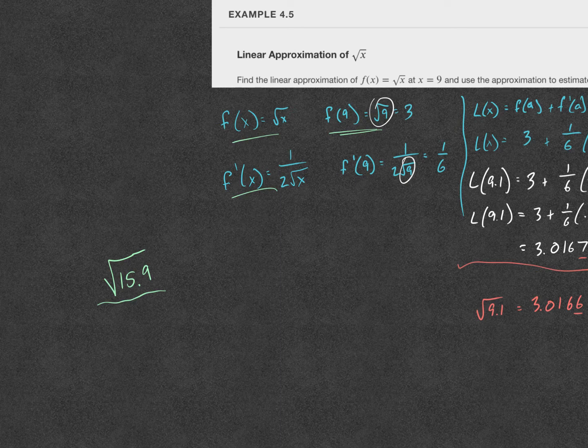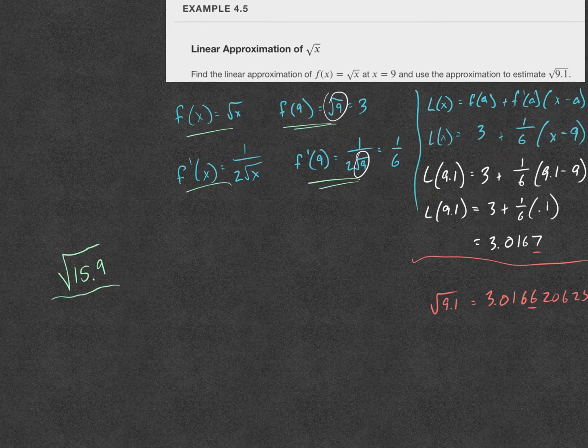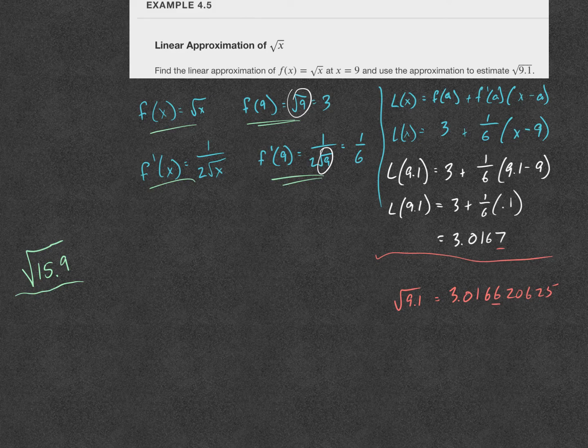My a would be 16 because that's really close to 15.9, and I know its square root. And then f prime of 16. And so we would just get a different linear approximation function for numbers close to 16. And that's how we can extend this further to approximate other square roots.